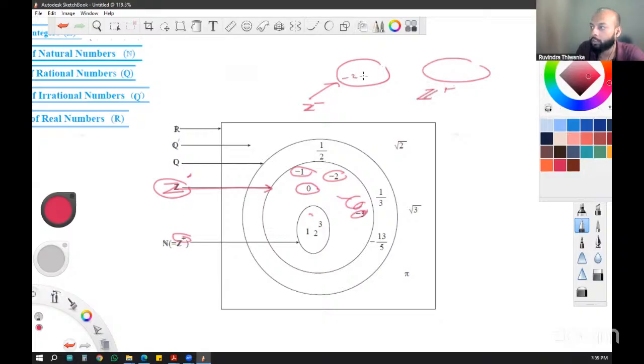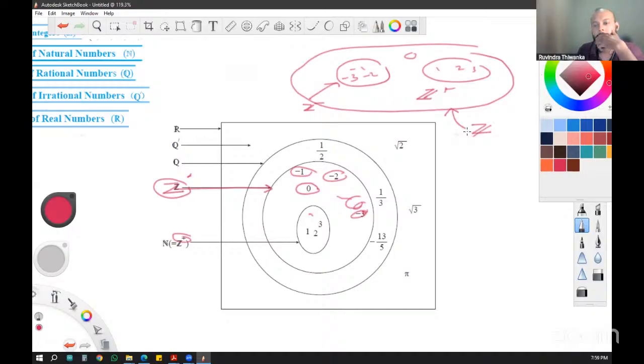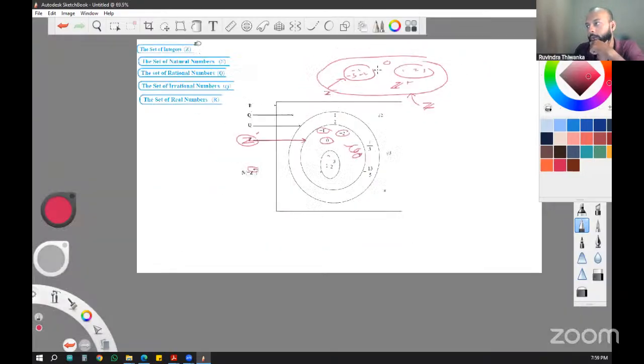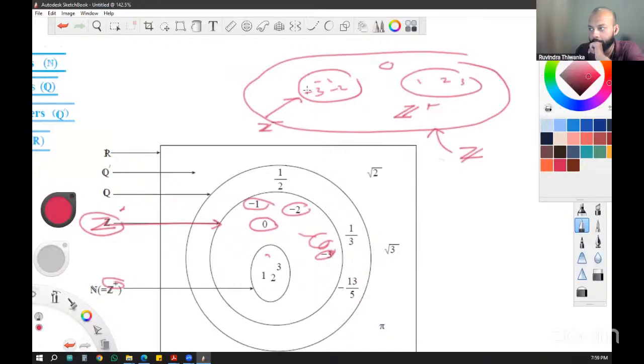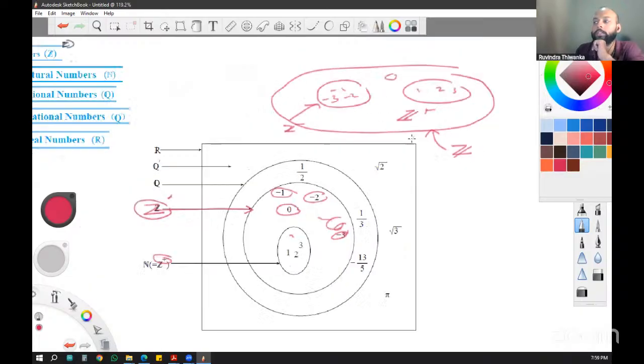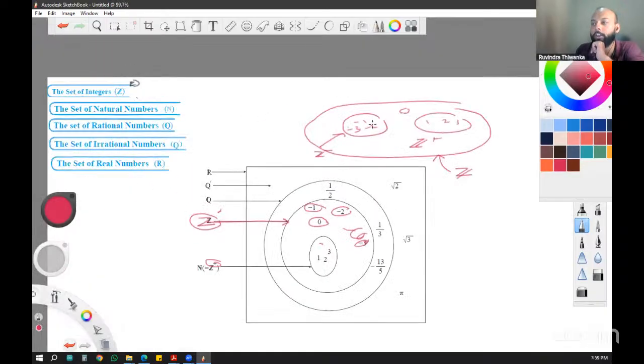If you include the 0, the whole set is the set of integers, okay?